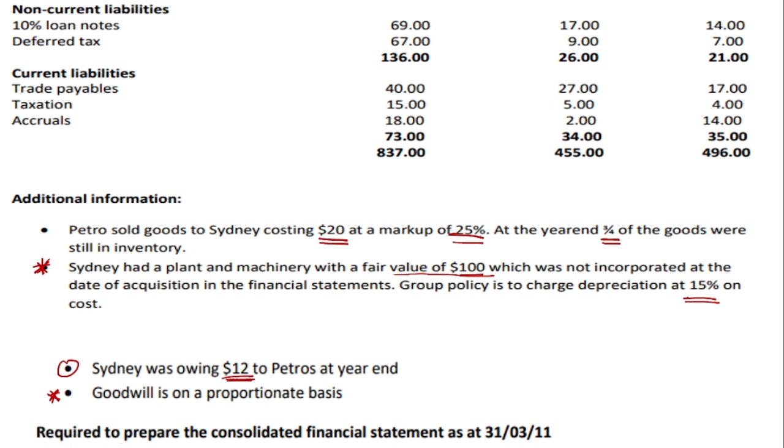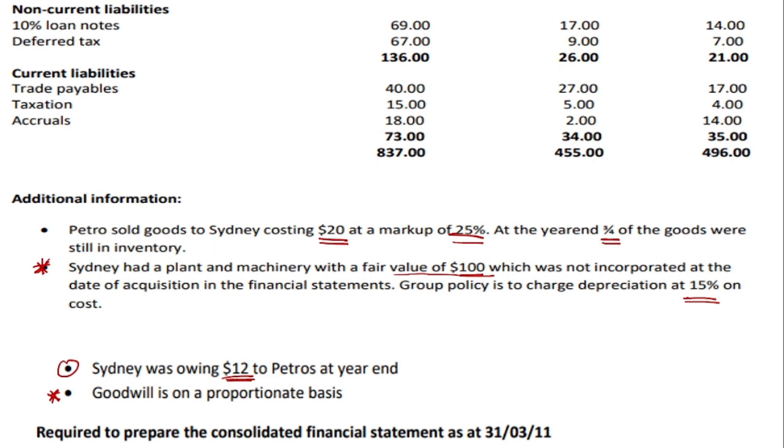But since we are coming up with a single statement, there must be a cancellation of these intra-group debts. So from the receivables, you deduct the 12. From the payables, you also deduct a 12. Because remember, we are coming up with a single statement. Therefore, any intra-group debts are cancelled out on consolidation.